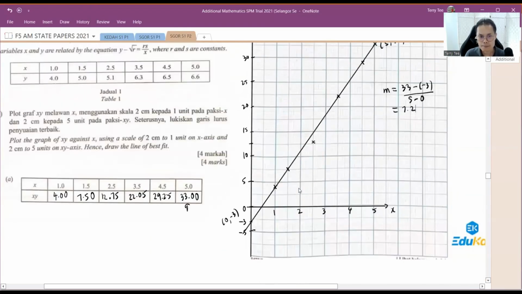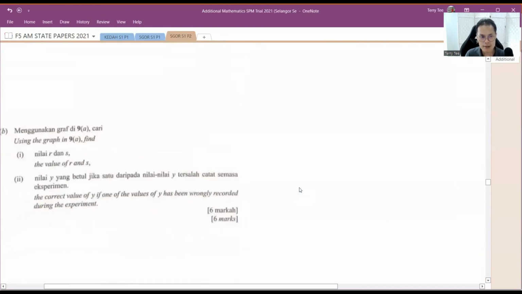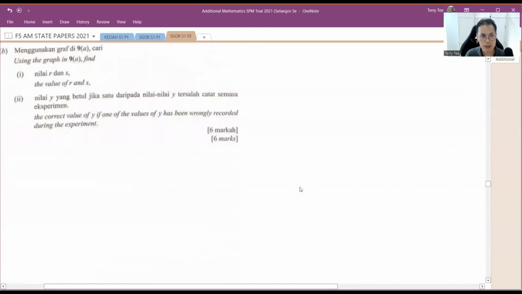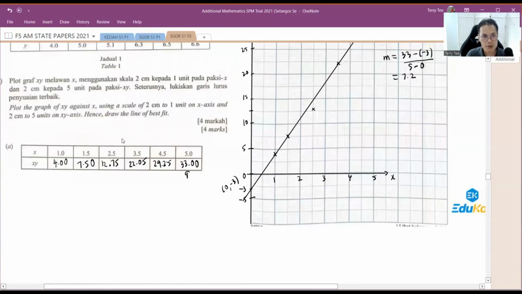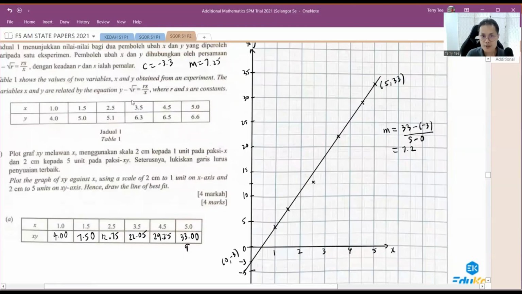Okay, now let's write this down. I'm going to work it out here. From my graph, my gradient is 7.2. My y-intercept is negative 3. Now you go back to your equation here. Your equation is y minus set r equals rs over x.